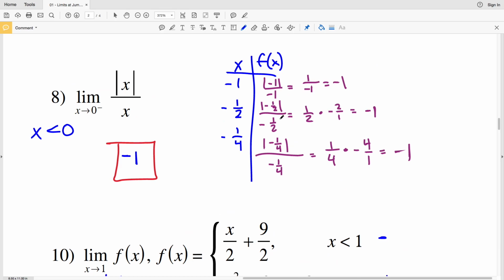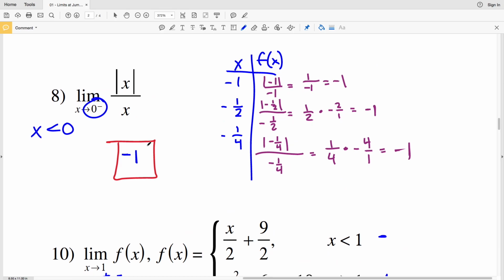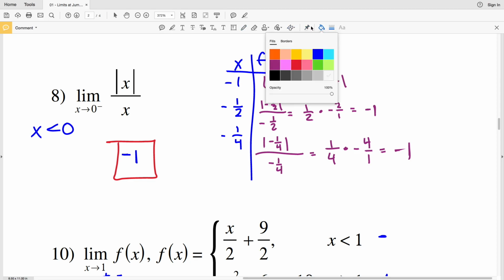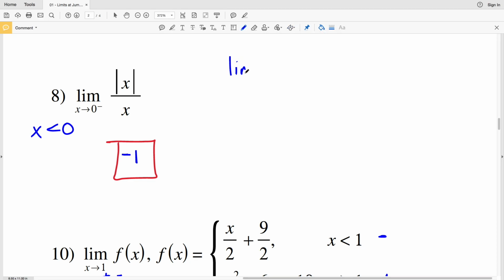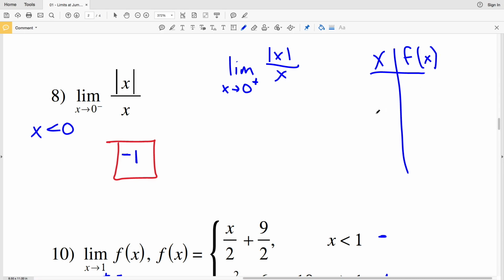For number 8, we had that the limit as we approach 0 from the left was -1. Well, let's see what happens when we approach 0 from the right. So the limit of the absolute value of x over x as we approach 0 from the right, let's plug in values coming from that right, so where x is greater than 0.